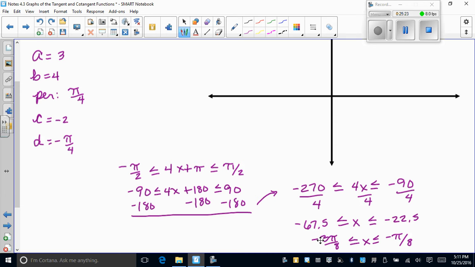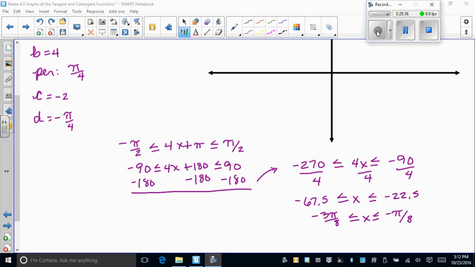I did this one earlier. Okay, so on this one here, if we subtract these from each other, the beginning from the end, it's negative pi minus the negative 3 pi, so plus, which will give you 2 pi over 8, and 2 pi over 8 is pi over 4.